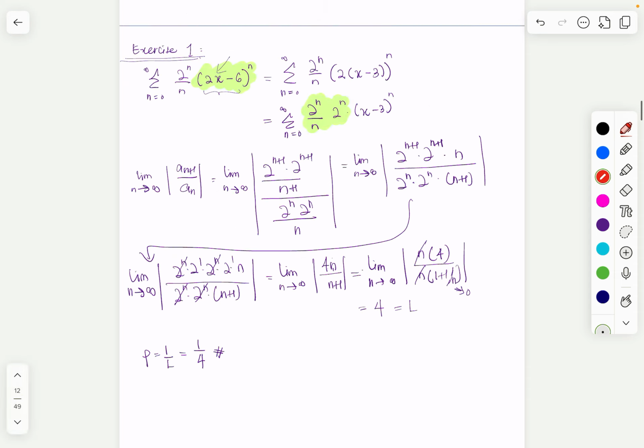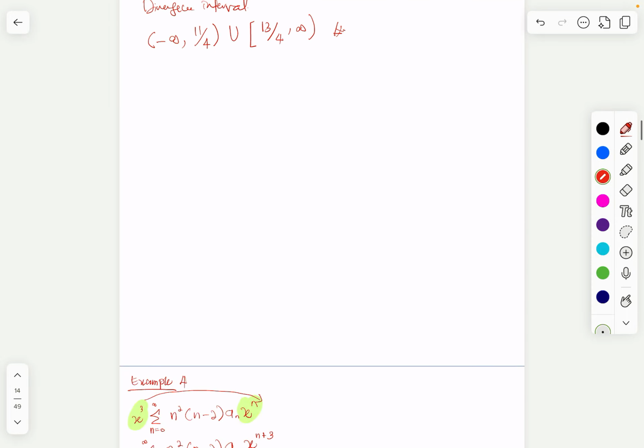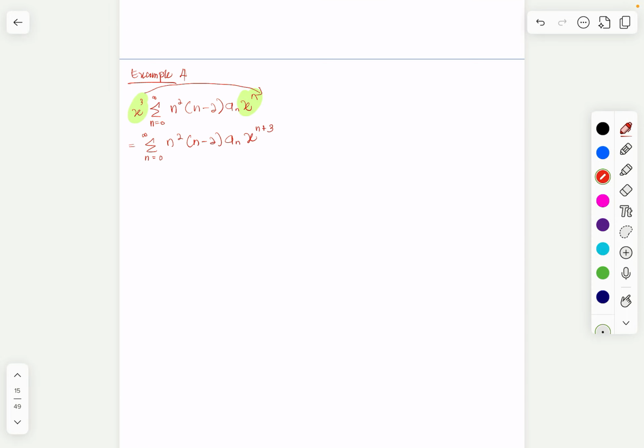How to convert from n plus 3 to just n? What we need to do is set k equals to n plus 3, because we want just the power of n. In this case I use k, x to the power of k, but we can change back to x to the power of n because the index is a dummy index. So k equals n plus 3, so n equals k minus 3.